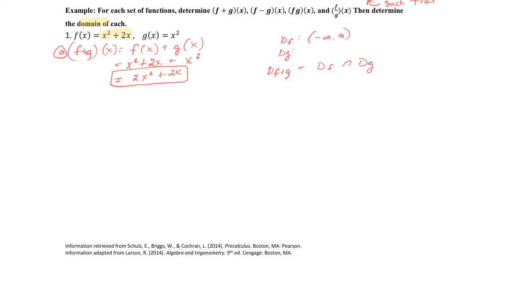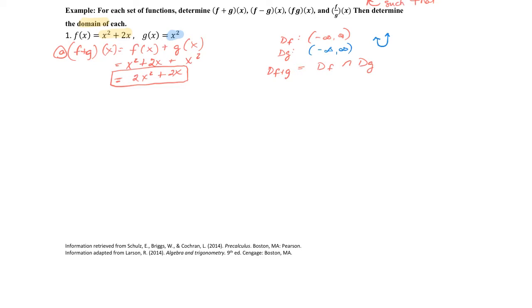Now I'm going to move on and I'm going to look at the domain of g. Well, g is x squared. So again, a quadratic or a polynomial, so smooth continuous curve. So the domain of g will be negative infinity to infinity. In fact, you should be able to visualize both of these graphs look something like this, okay? f will be shaped just a little bit differently, but you have the general visualization of what the shape of the graph is, okay?